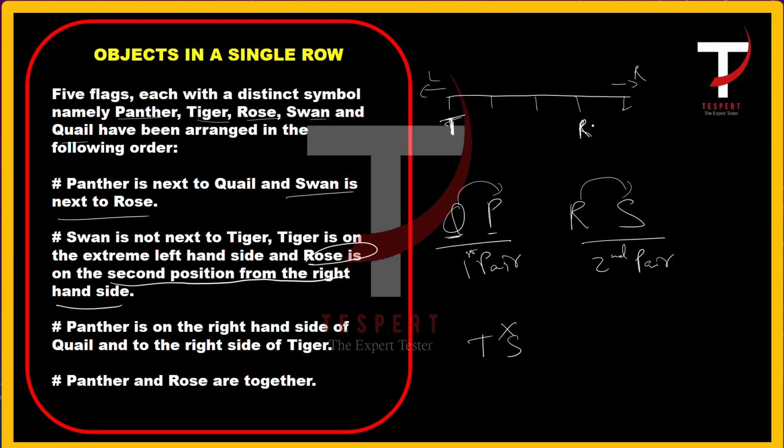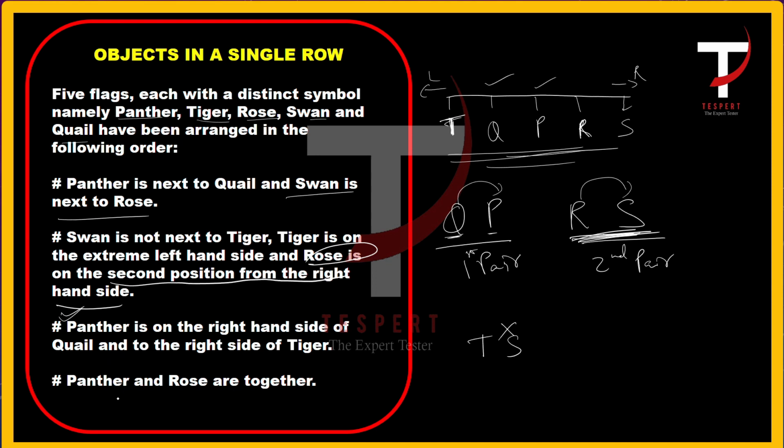As we discussed, R and S form a pair, so here R is there, so here S comes. Here Q and P, so P comes immediately after Q. We have only 2 vacancies left, so we can directly place like this. But we will consider the remaining statements to check whether this one is correct or not.